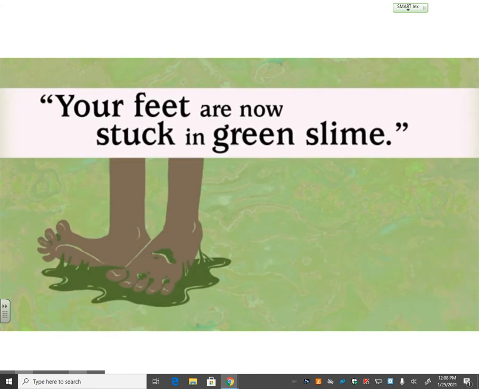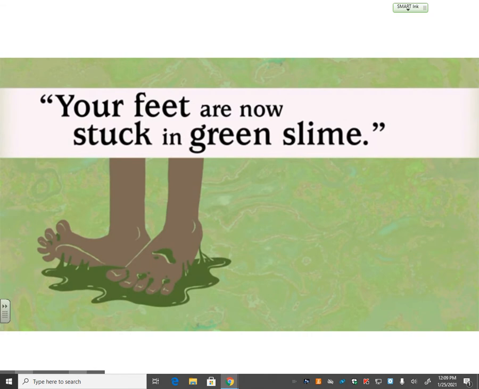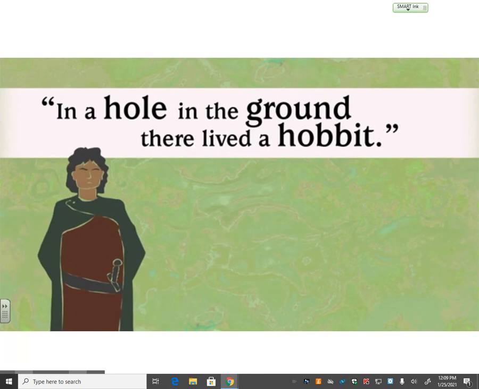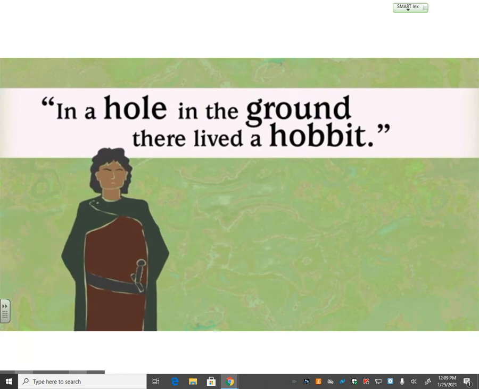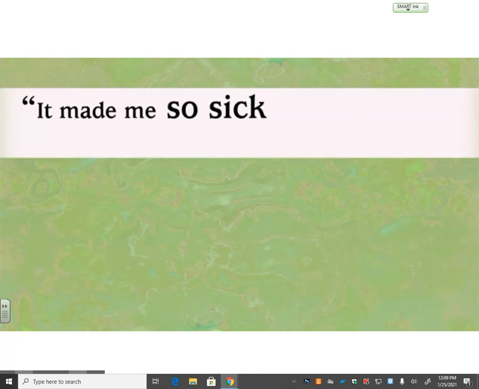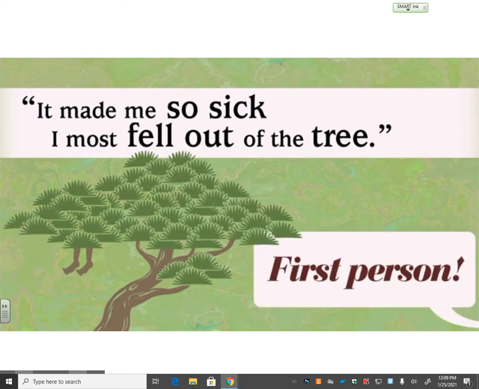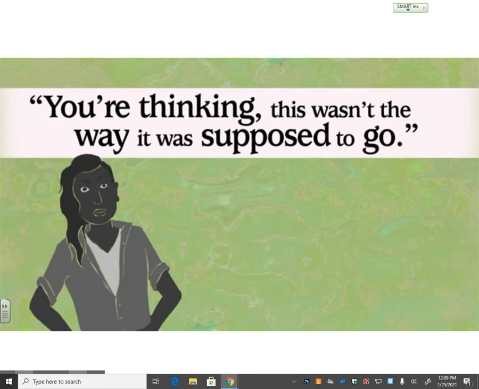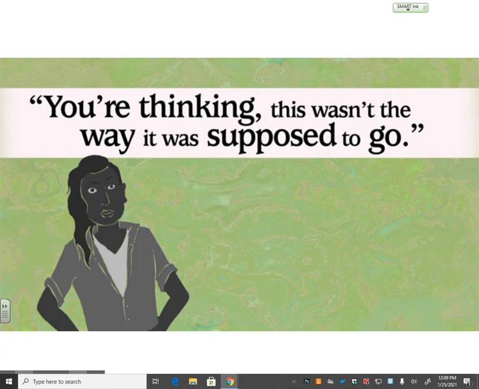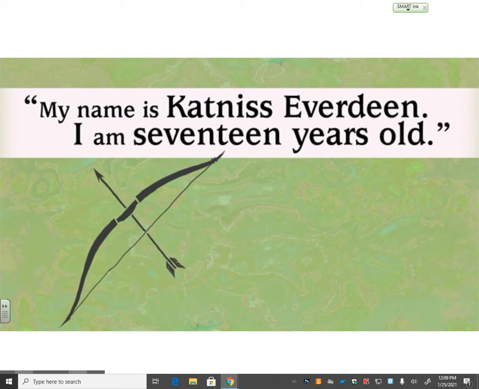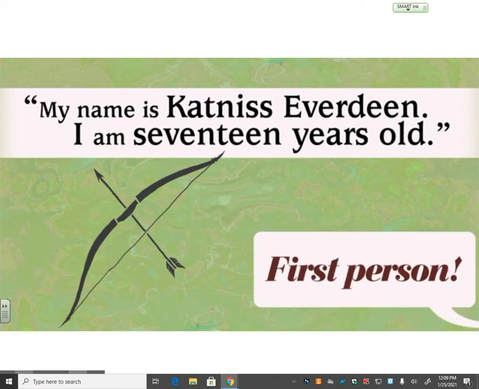Your feet are now stuck in green slime. That's second person. In a hole in the ground there lived a hobbit. That's third person. It made me so sick I almost fell out of the tree. That's first person. You're thinking this wasn't the way it was supposed to go. That's second person. My name is Katniss Everdeen. I'm 17 years old. That's first person.